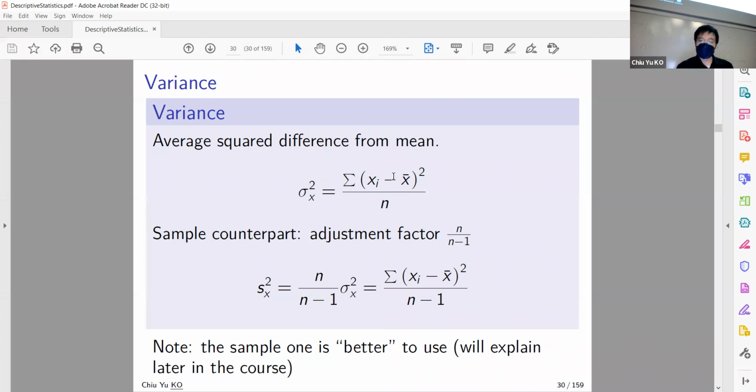This formula calculates each observation's distance from the mean and squares it. Squaring means left and right are not the same. You can understand why we have the square: without it, the sum would be 0, because the mean is exactly the center of the data. That is the meaning of this variance.